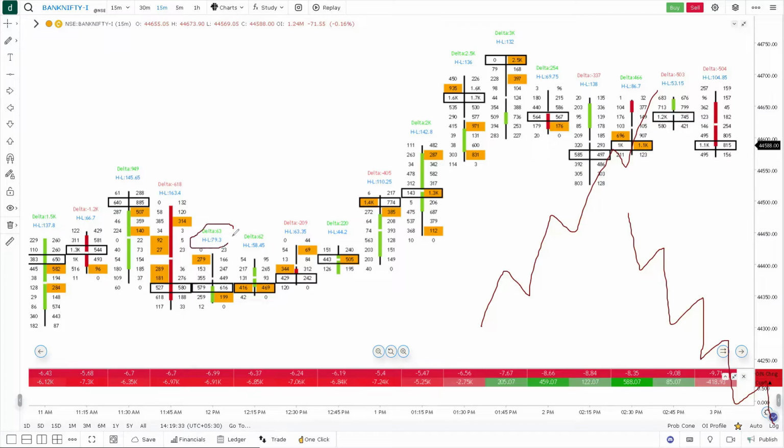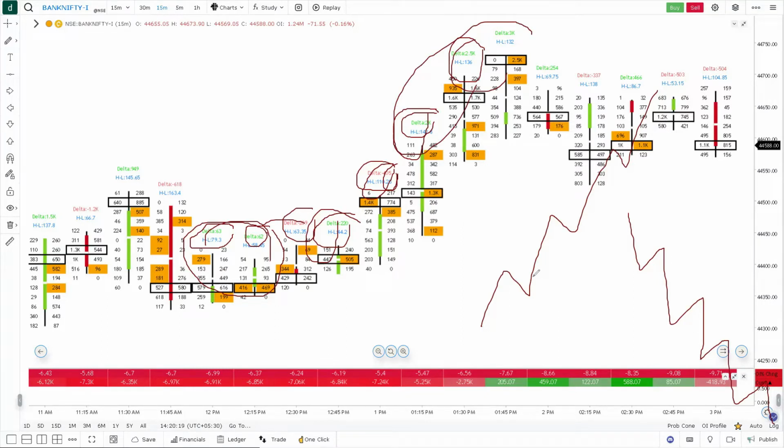Here 63 delta, which is good. 62, not much. Negative delta, so 220, 405 negative delta, 2K, 2.5K. In 5 minutes and 15 minutes, you will get much better clarity if you look at this. On 30 minutes, the time frame will be too high, so delta solely may not work.